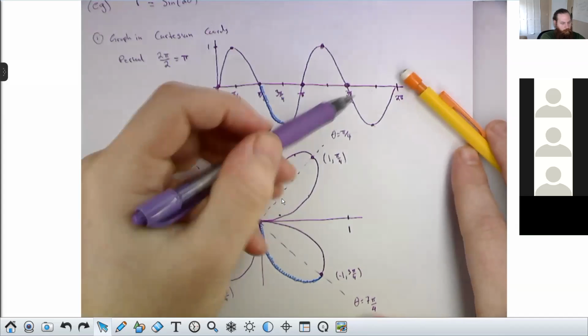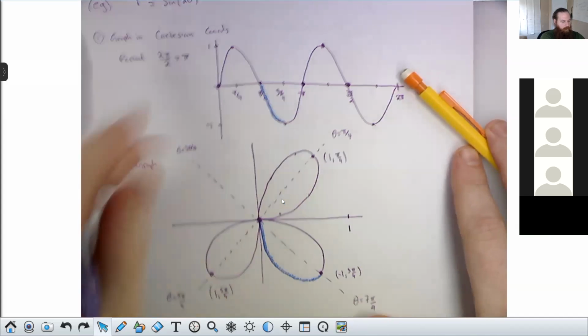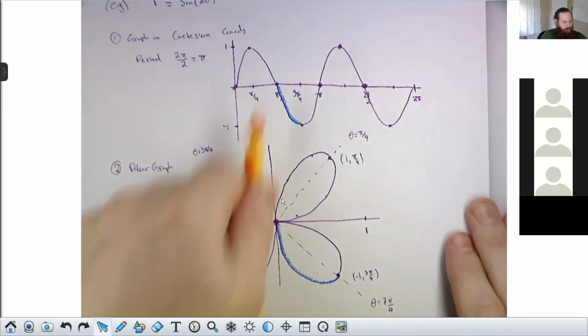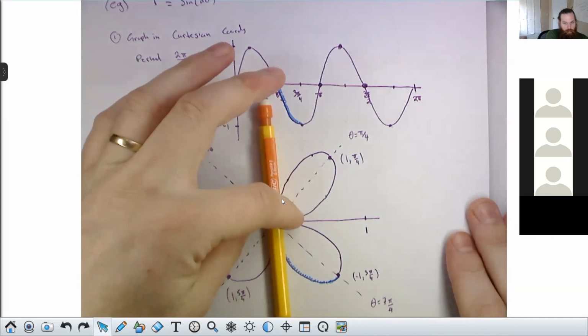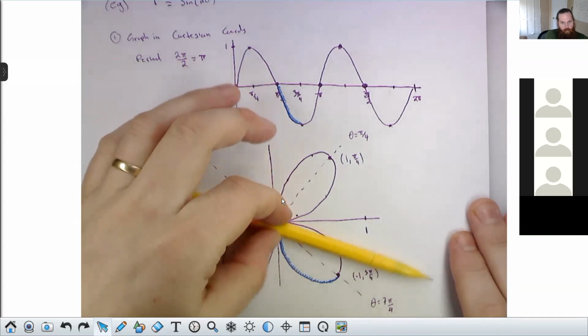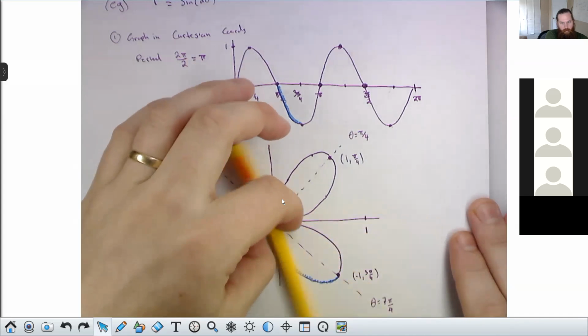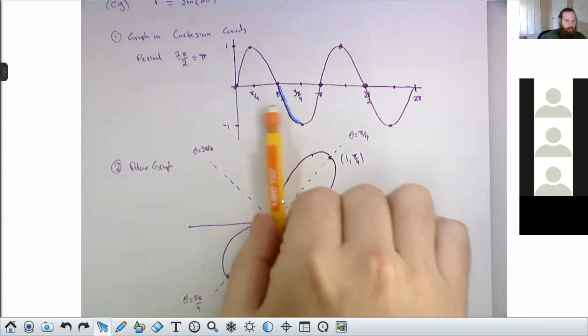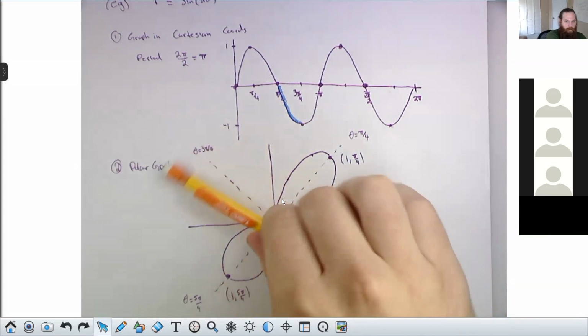And then we've got another little bloop here where r is negative. So as theta goes from 3 pi over 2 to 2 pi, normally I would expect that to mean drawing down here in quadrant 4. But since r is negative, I'll really be drawing in the reflected region up here in quadrant 2.